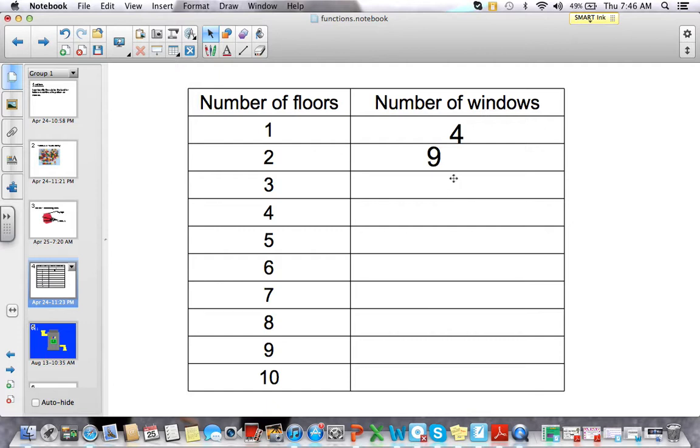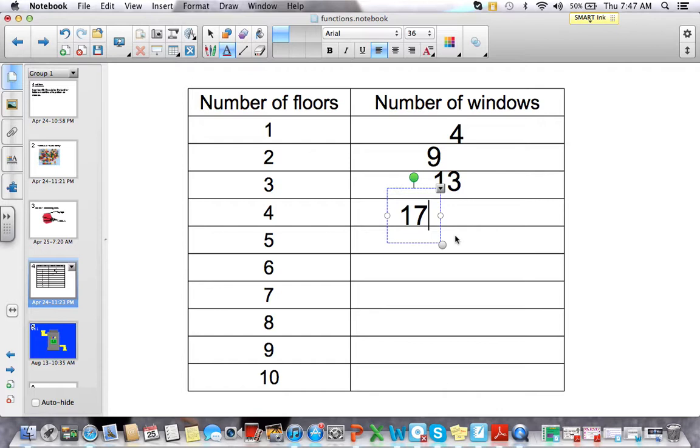Now that you have completed your table, let's check. Your third floor, you should have had 4 windows on each floor plus the skylight, so that should have given you 13 windows. The fourth floor is 4 windows on each floor plus the skylight gives you 17. The fifth floor is 4 windows on each floor plus the skylight.